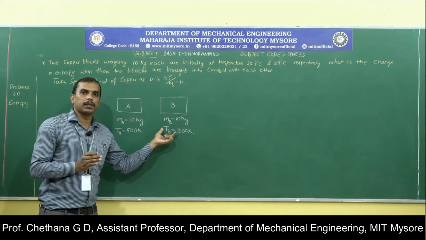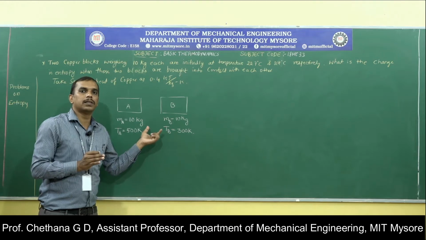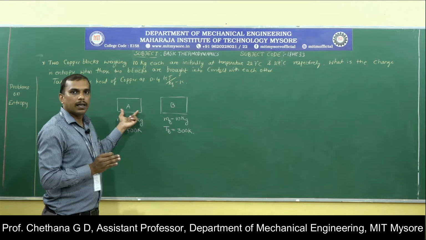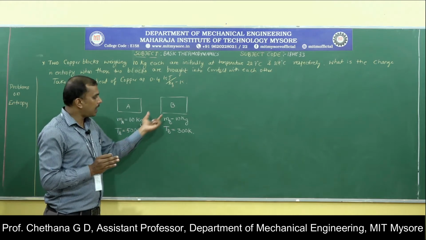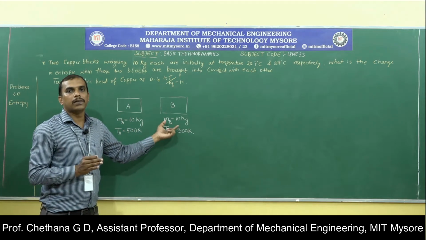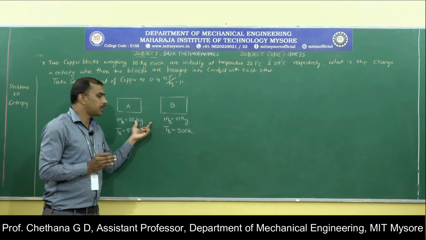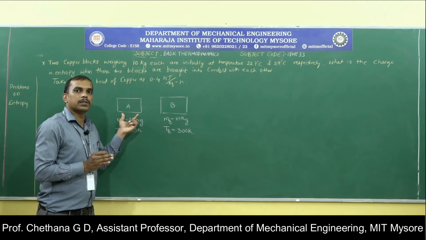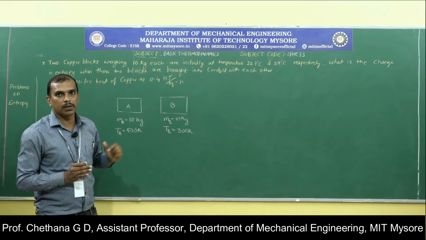That is the law of nature. Heat transfer happens whenever there is a difference in temperature. Here A is at 500 Kelvin and B is at 300 Kelvin. If these two are brought in contact, heat transfer will happen from the higher temperature body to the lower temperature body.